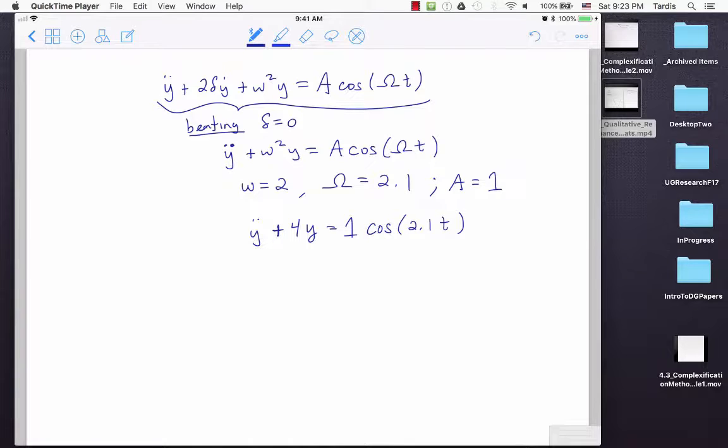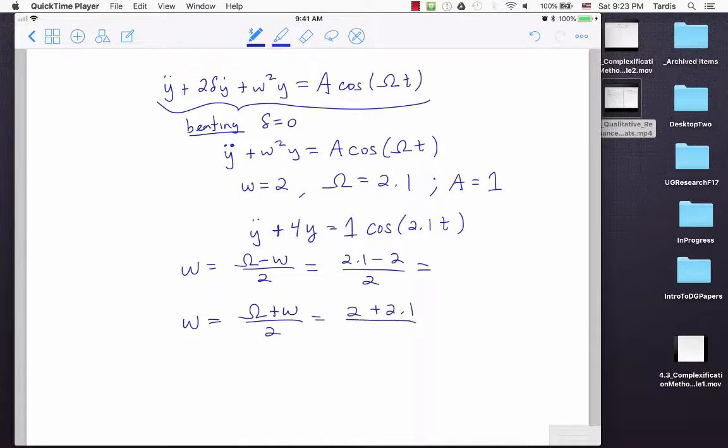Now what we were going to see here was two different frequencies: the difference of the two divided by 2, and the sum of the two divided by 2. So that would be 2.1 minus 2 over 2, and 2 plus 2.1 over 2, which is 0.1 over 2, and 4.1 divided by 2.